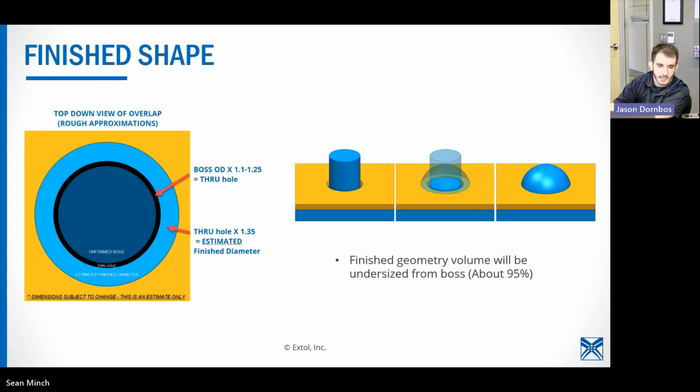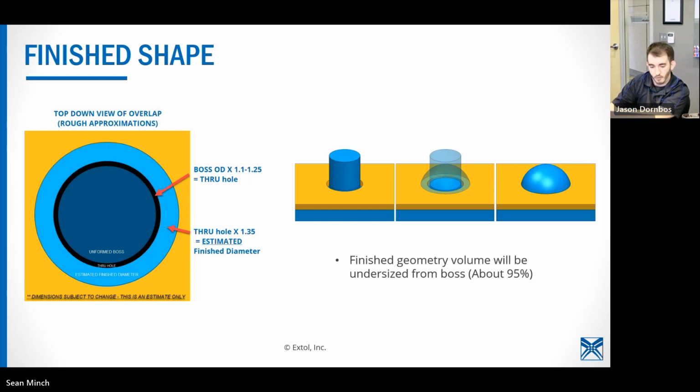Here is a top-down and an isometric style view for a finished shape. What we're trying to explain here is the dark blue section right here would be your unformed boss. We try to have a range, as mentioned before, of about 10 to 25% bigger for the through hole than that unformed boss.